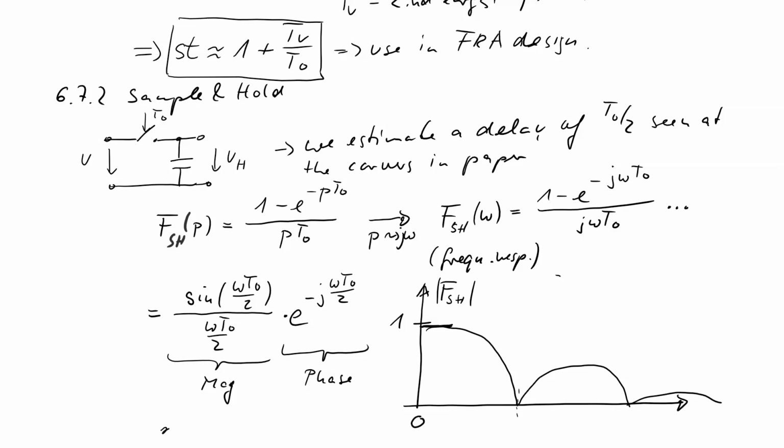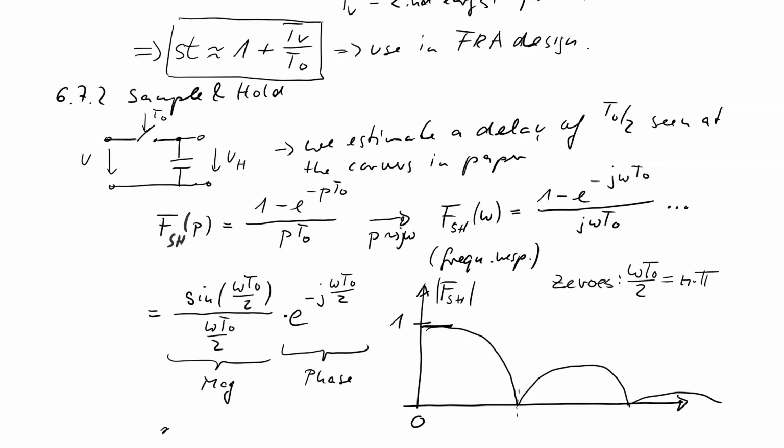There we have zeros where omega sampling time divided by 2 is, there is a zero of the sinus function at 0 itself, then at pi, 2 pi, 3 pi, so an integer number n times pi.